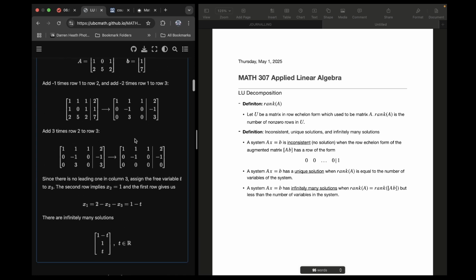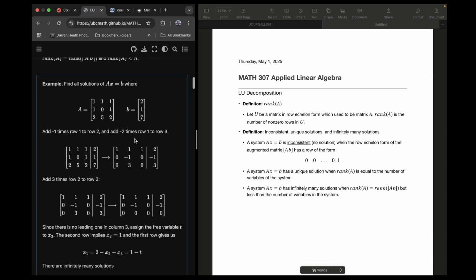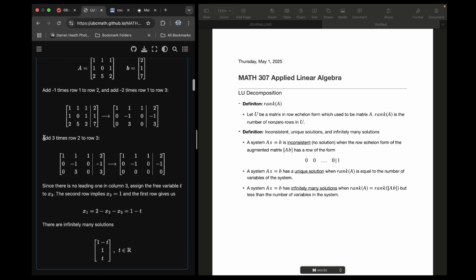Okay, so there are infinitely many solutions.